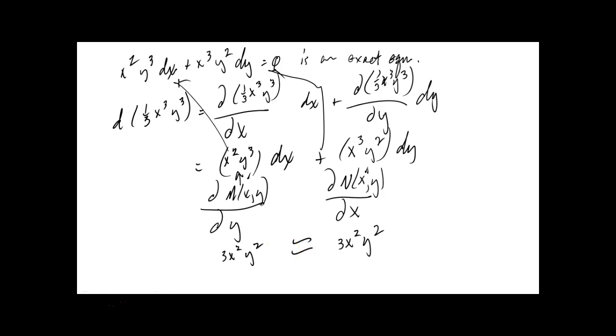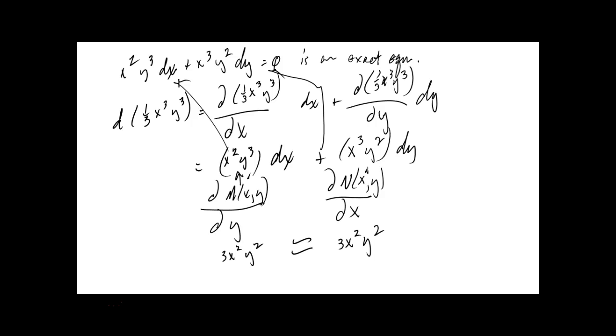That's the test. But don't they have the dx attached to them? Yeah, but this is a test to tell you whether that expression is an exact expression. We know it is because we know exactly where it came from. It came from this one right here.